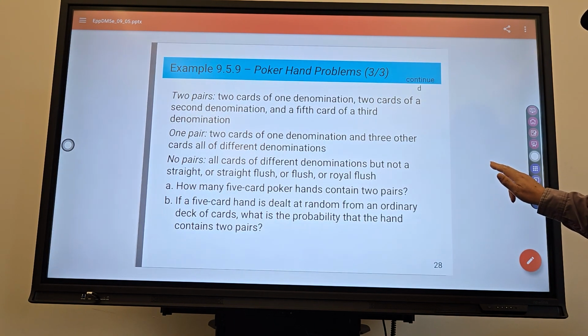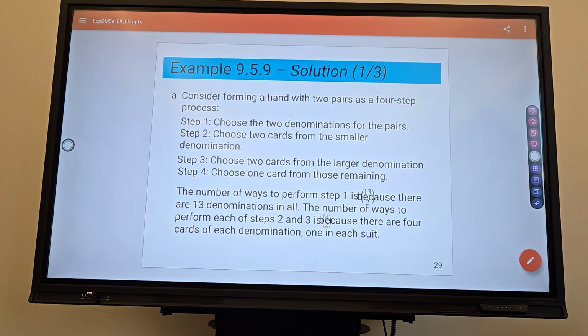Consider forming a hand with 2 pairs as a 4-step process. Choose the 2 denominations for the pairs. Choose 2 cards from the smaller denomination. Choose 2 cards from the larger denomination, and choose 1 card from those remaining. The number of ways to perform step 1 is 13 choose 2, because there are 13 denominations in all.